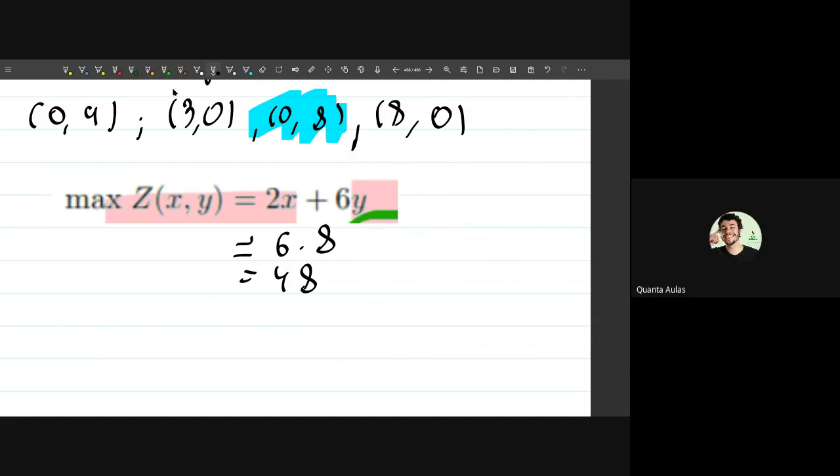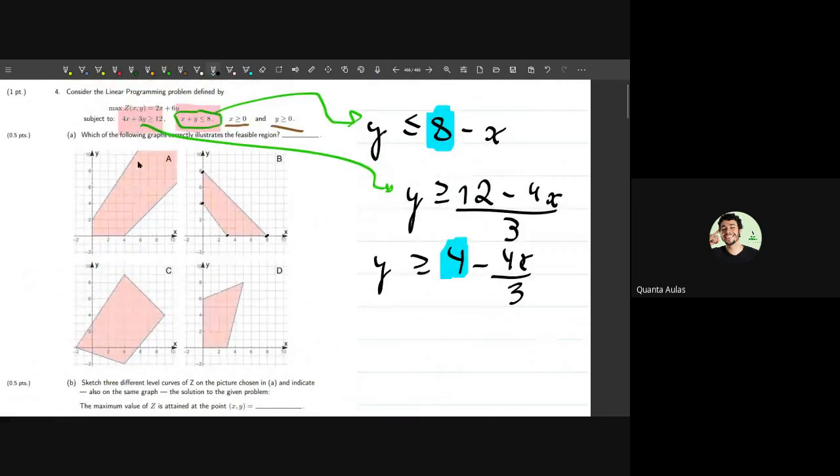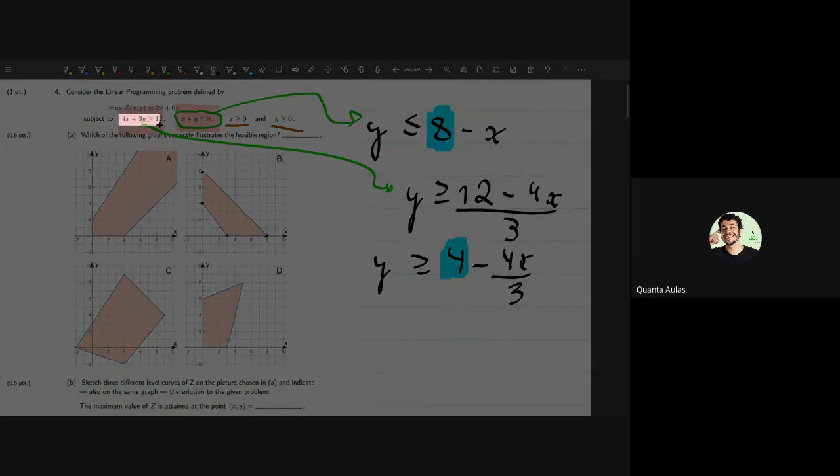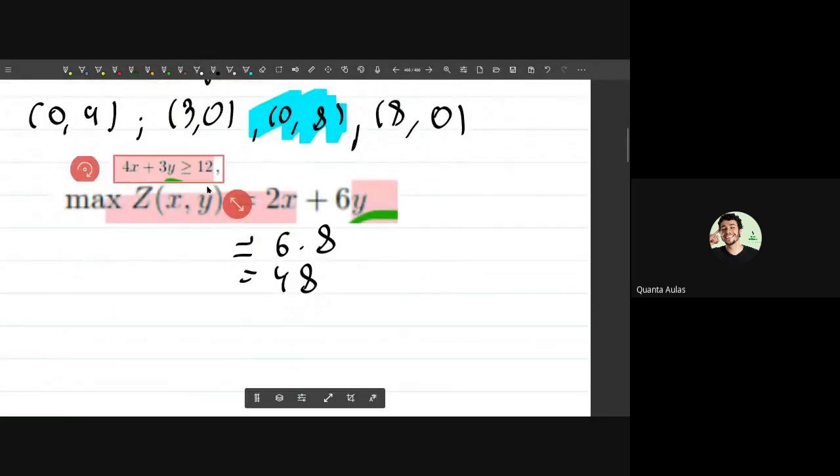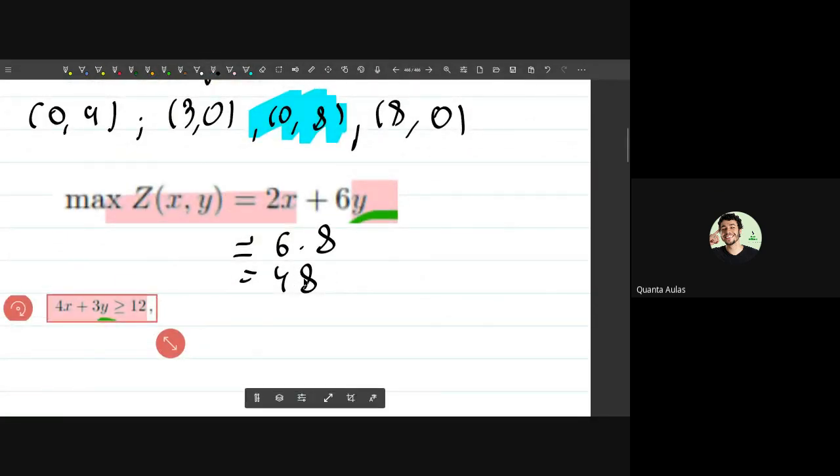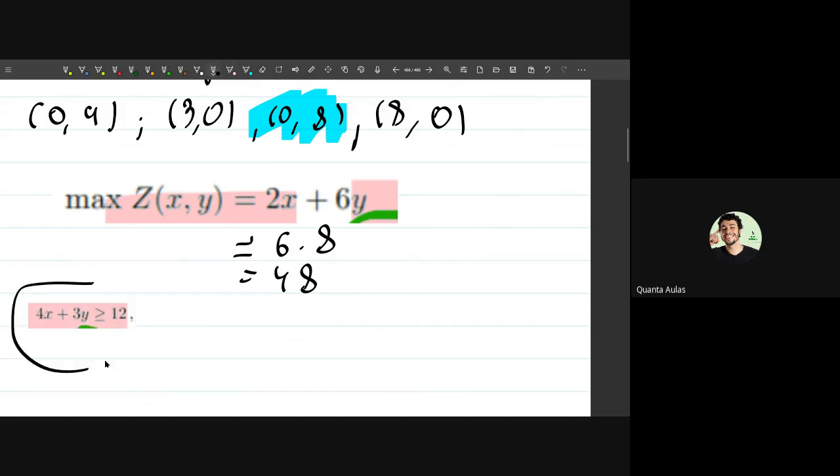But we need to know if this point respects the first restriction, for example, because we have a very big value. So this restriction needs to be a rule here too.